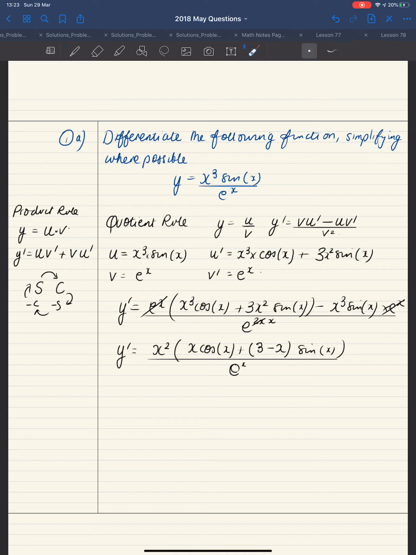So I'll show you what I've done with these sine x's. Sine x there, sine x there. This is 3x squared, which is there with that. And then this is minus x cubed, which is this with this. There's lots of ways of simplifying it, but I'm happy with that.